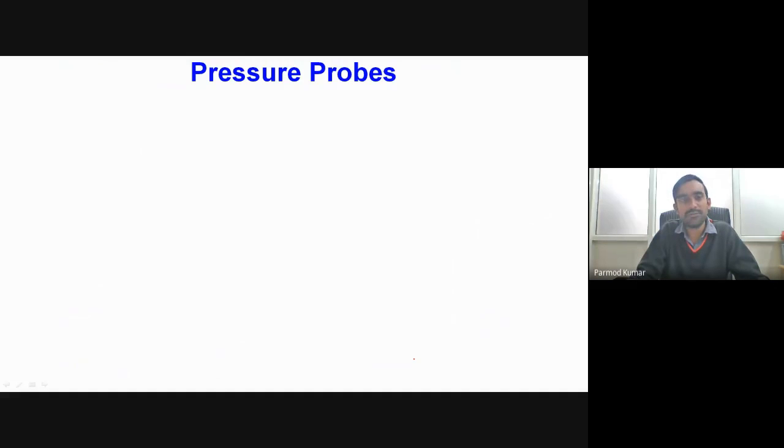Okay, so what we will try to do over here is see what kind of errors we may get into our pressure measurement if we are having issues in placing the probes. Ultimately, if we are getting errors in our pressure measurement itself and we are using that inaccurate data for obtaining the corresponding velocity field, our velocity field will also be incorrect.